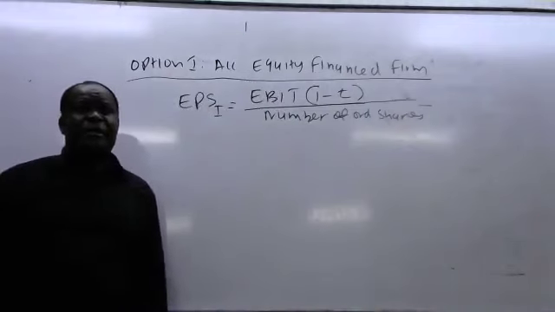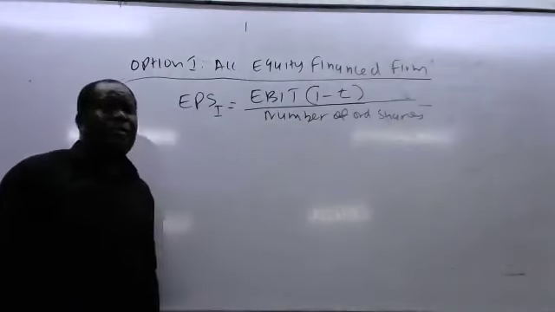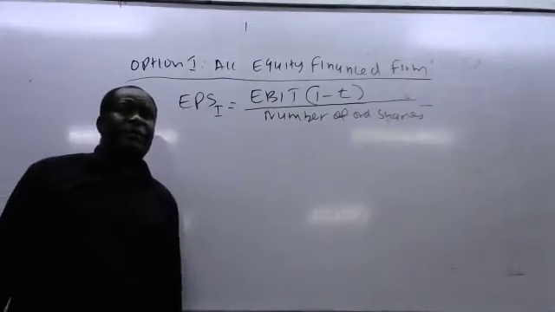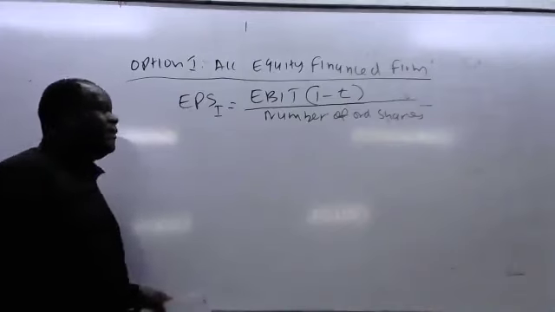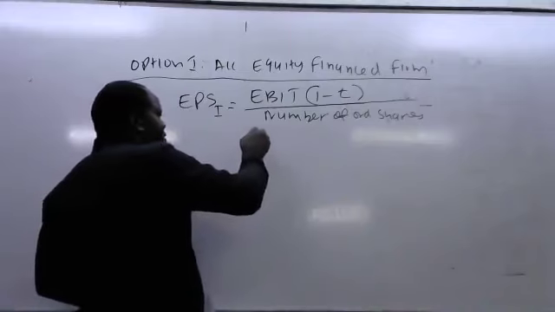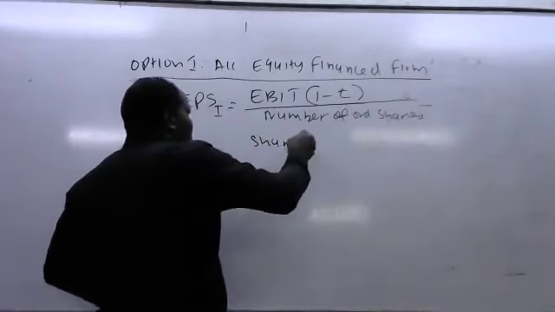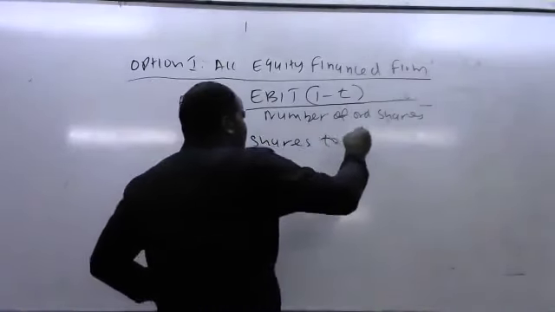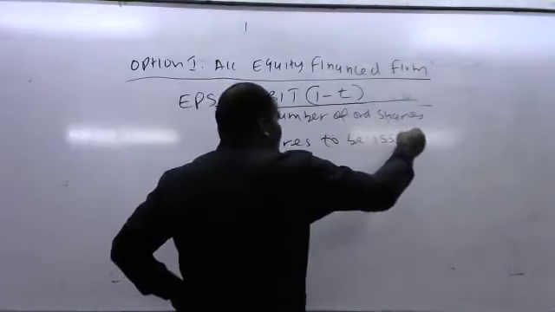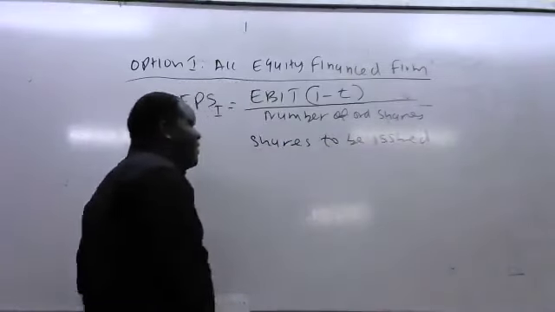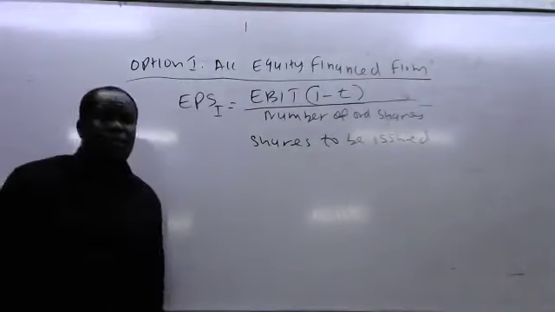So the only item we should now compute is the number of ordinary shares. So first get the shares to be issued.